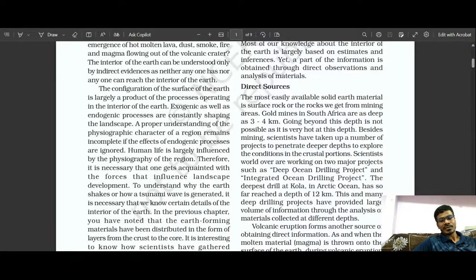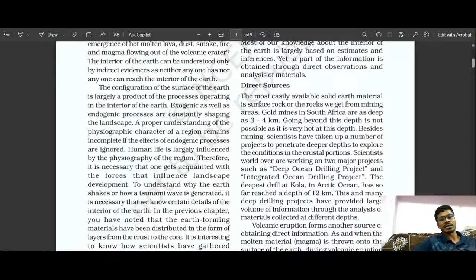Human life is largely influenced by the physiography of a region. Therefore, it is necessary to get acquainted with the forces that influence landscape development, to understand why the earth shakes or how tsunami waves are generated. So it is quite important for us to know certain details of the interior of the earth.